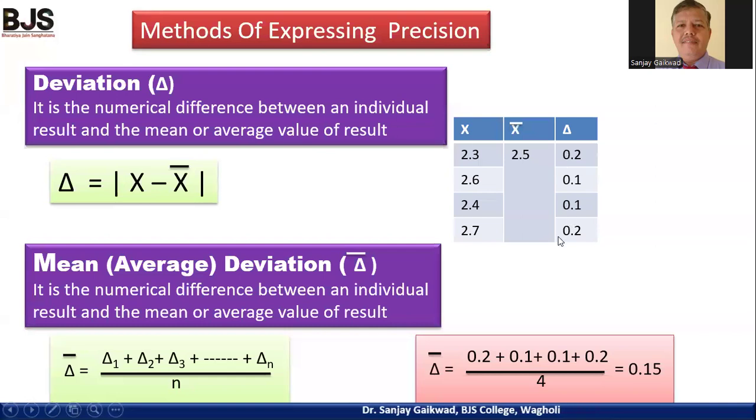These are the deviations. The mean deviation of the number of results is the average deviation: delta bar equals delta 1 plus delta 2 plus delta 3, the addition of all deltas, divided by the number of observations. For this example, the average deviation is 0.15.